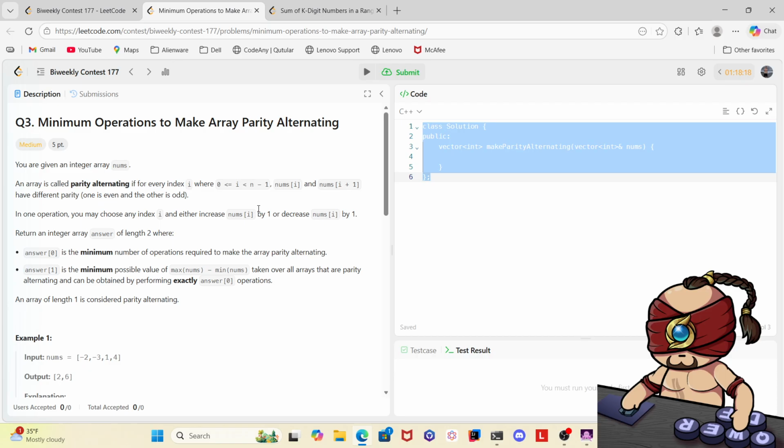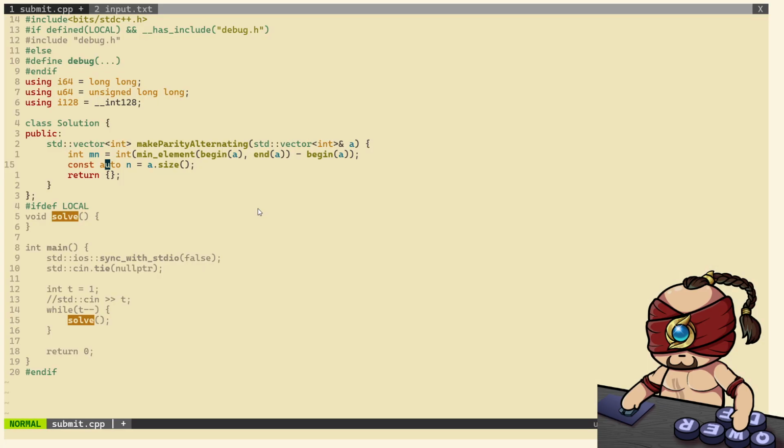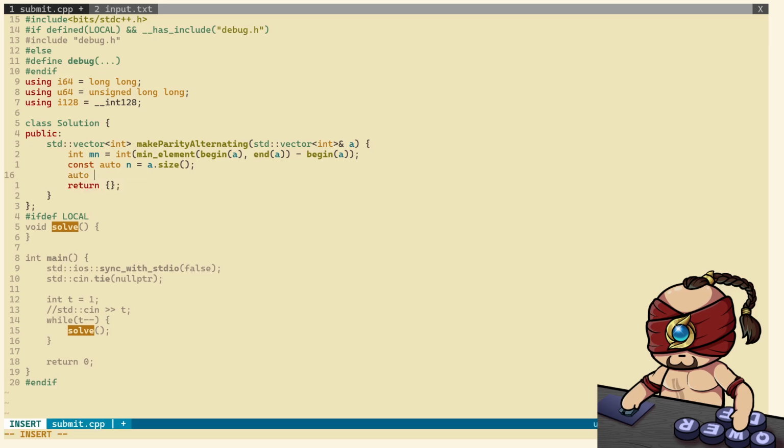Min. Yeah. Bound. And suppose initial delta.